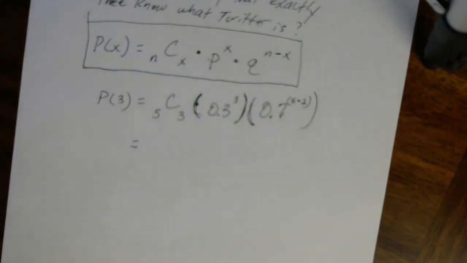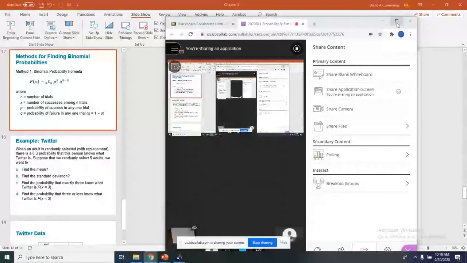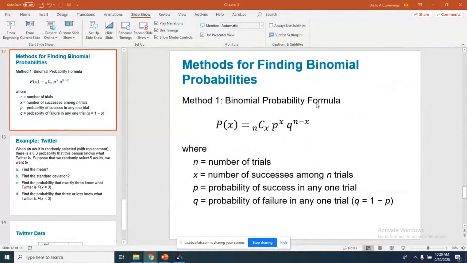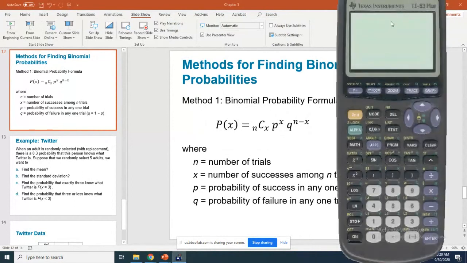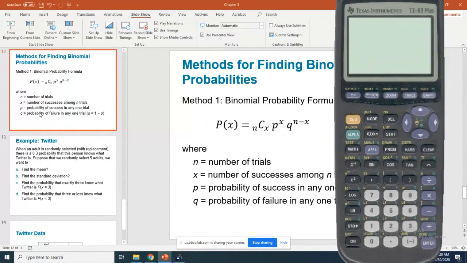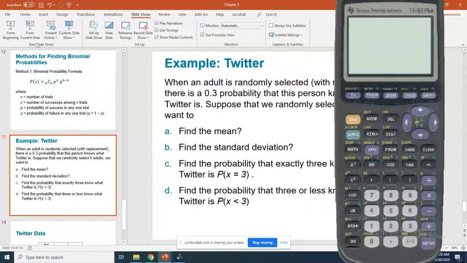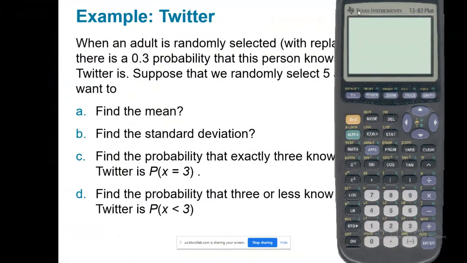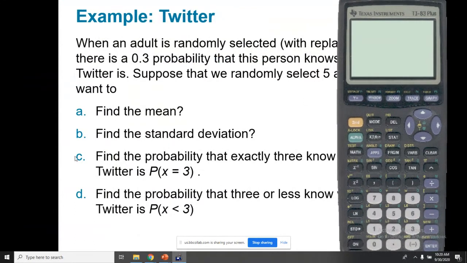And I'm going to put that into the calculator. All right, so we're calculating number C. Find the probability that X equals 3.